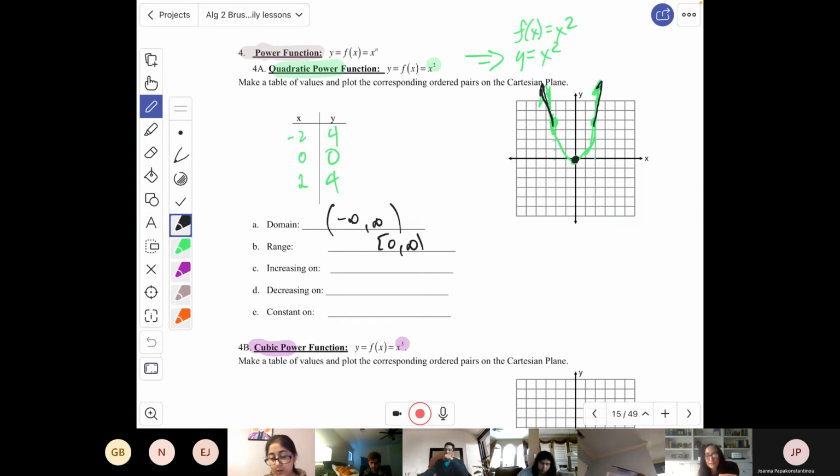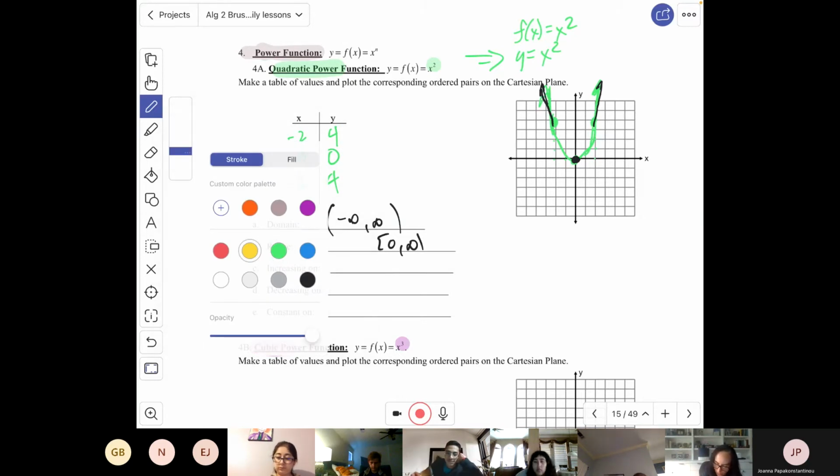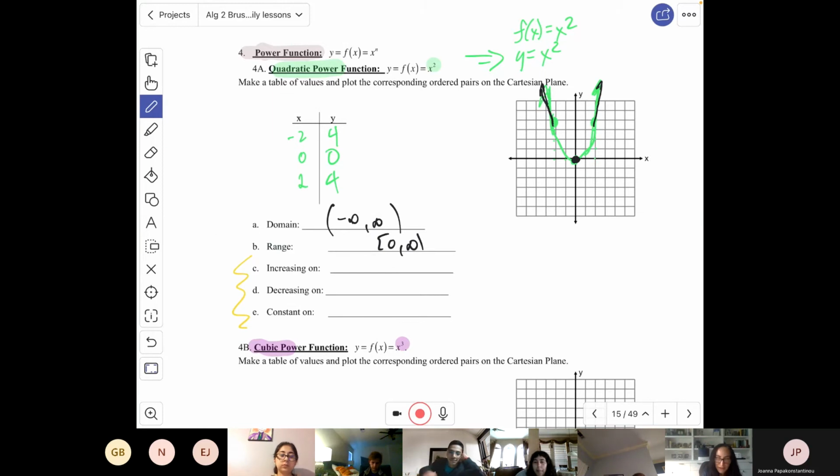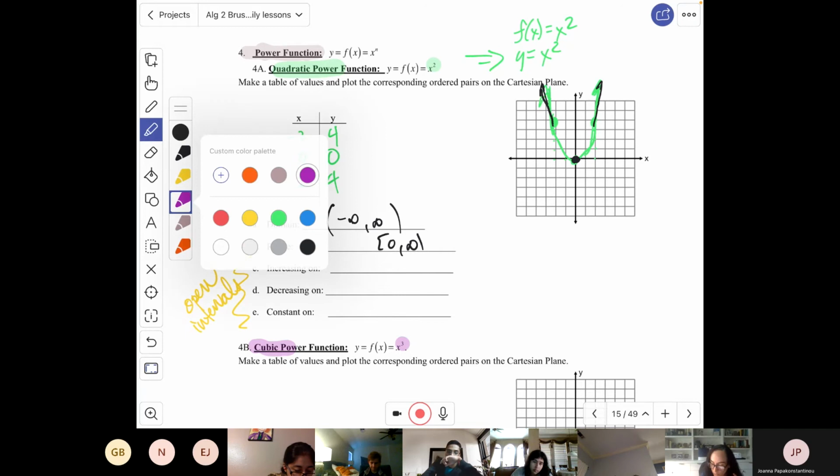And that point exists on the graph. And then all y values greater than that. Excellent. Okay, here we go with our increasing, decreasing, or constant. Remember, always define on open intervals. If you need to highlight, by all means highlight where you think it is increasing.